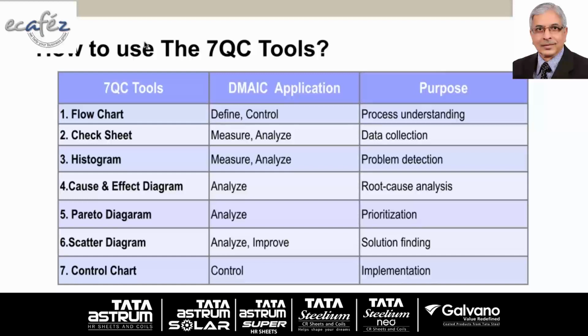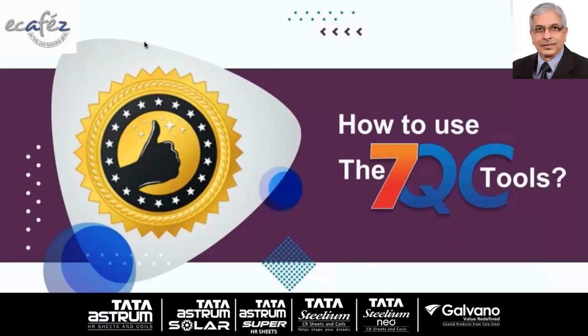The cause and effect diagram is used in the analyze phase for root cause analysis. The Pareto diagram is used in the analyze phase for prioritization. The scatter diagram is used in the analyze and improve phase for solution finding. And the control chart is for the implementation of control. So these are the typical applications and purposes of the 7 QC tools.